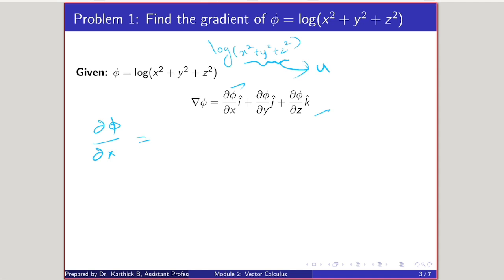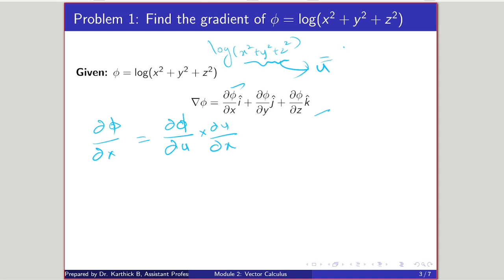So here is the function phi. Let me consider the inner function as u. Then dou phi by dou x is dou phi by dou u into dou u by dou x.